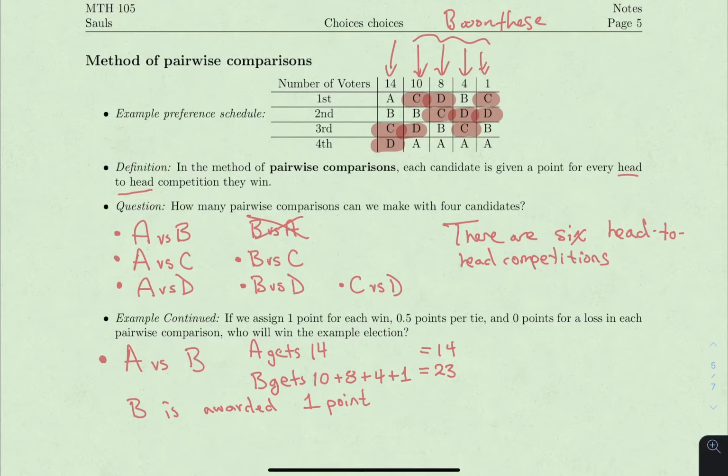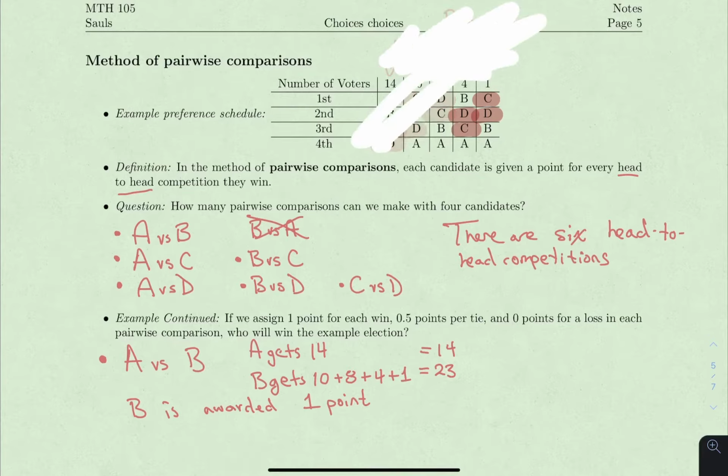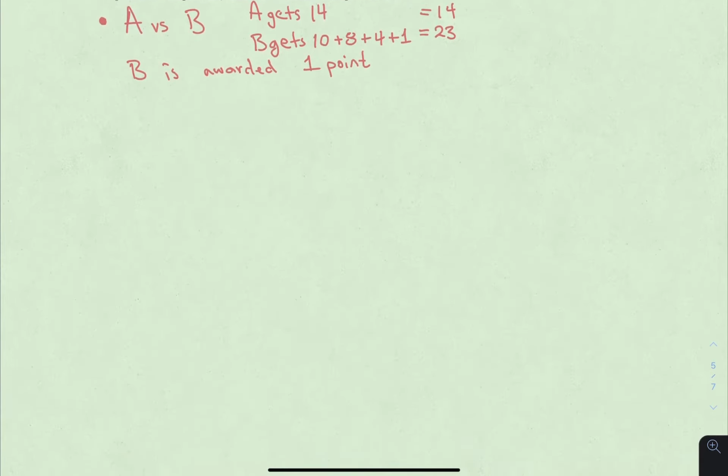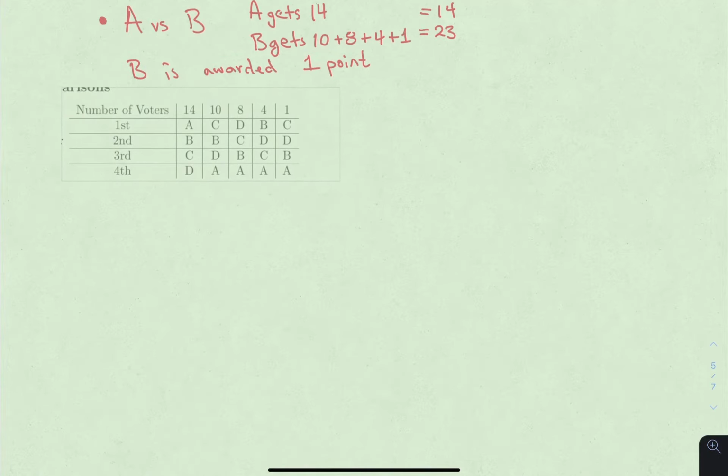So we did what we needed to do for 1 of the 6 pairs. And we're going to scroll down, so we're going to need that chart again. So let's just clear that out. Let's put it over here.